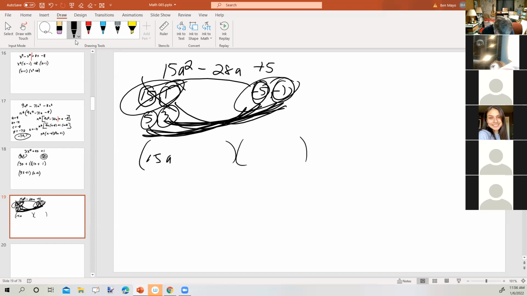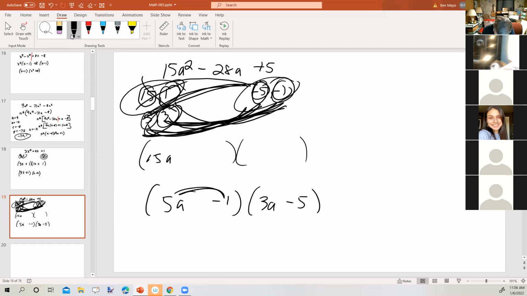Bingo. So what that tells me is I've got to have the 5a and the 3a like I had here. I took the 5 times the -5, so that's got to go over here, because I don't multiply these together; I multiplied those together.